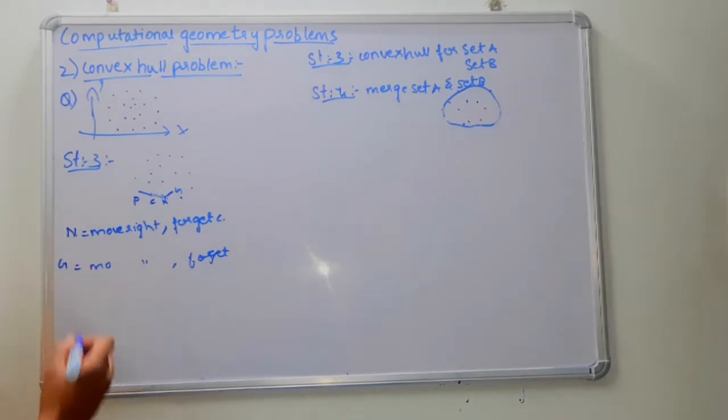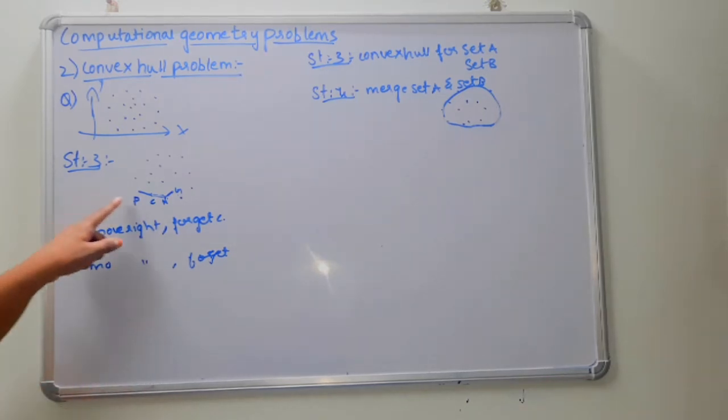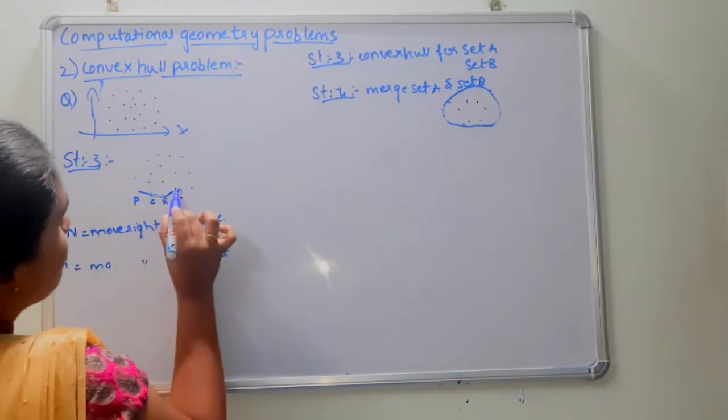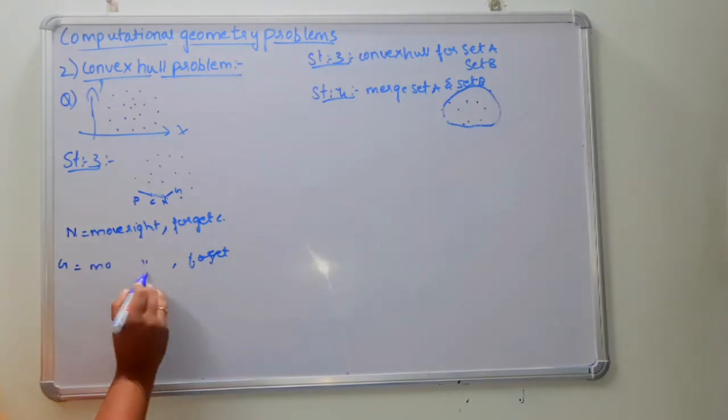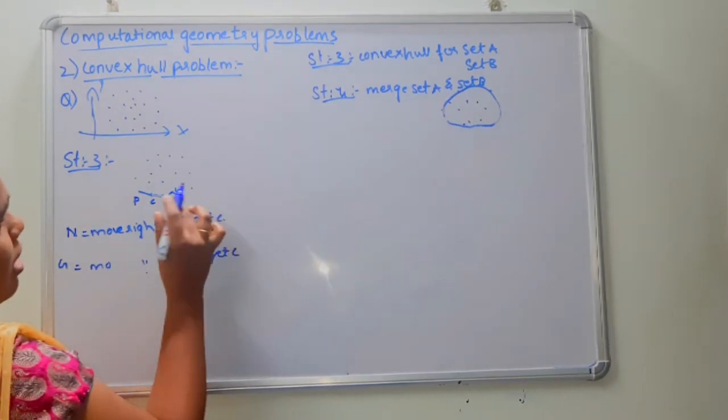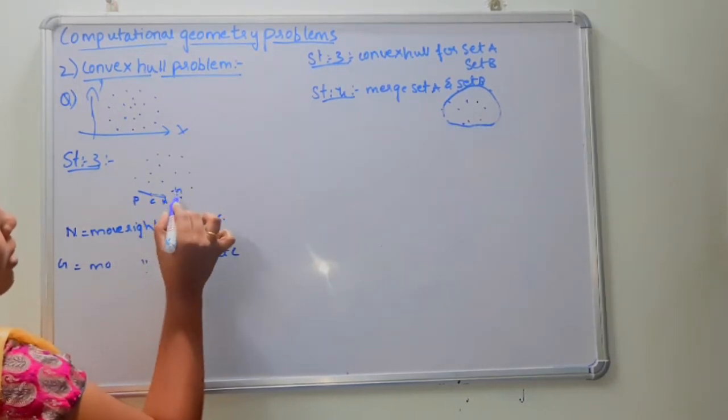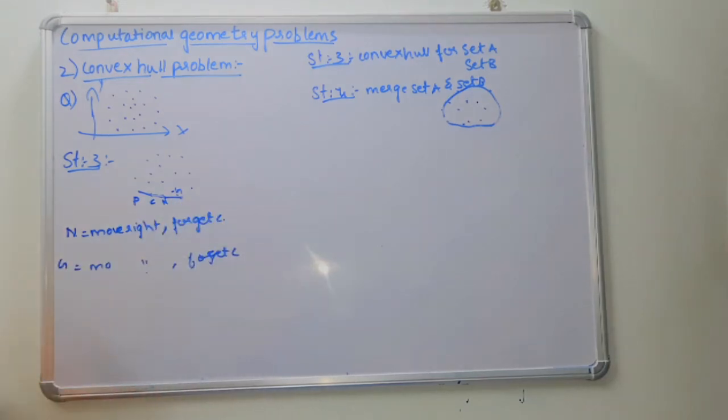Because we have sorted according to the x-axis. As we have sorted according to the x-axis, the points will go according to the numbers only. As G is present, G should move right and forget C, and here this line will be removed and this line will be formed.